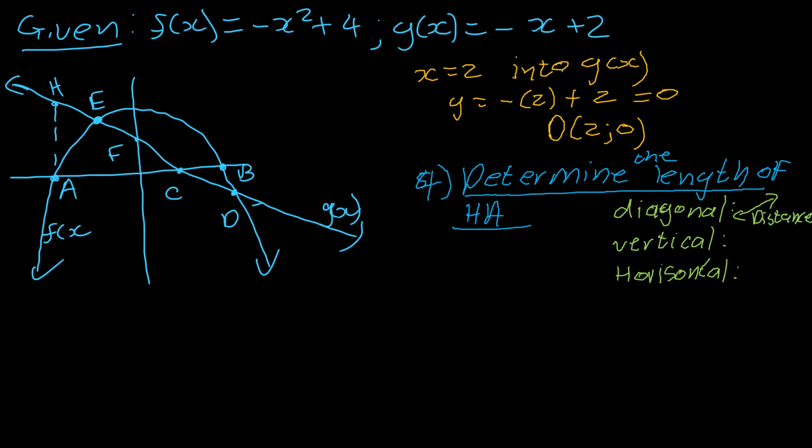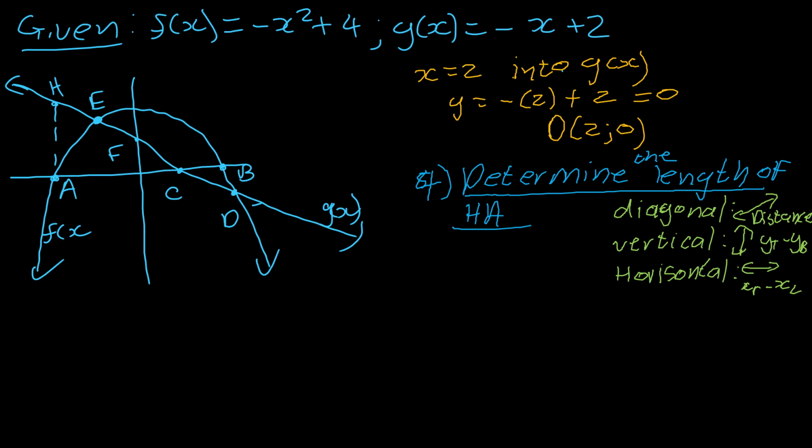If it's a vertical line, meaning a line that just goes up or down, then you're going to take the y value at the top and simply subtract the y value at the bottom. And if it's a horizontal line, a line that goes left to right, then you're going to take the x value on the right and subtract the x value on the left.